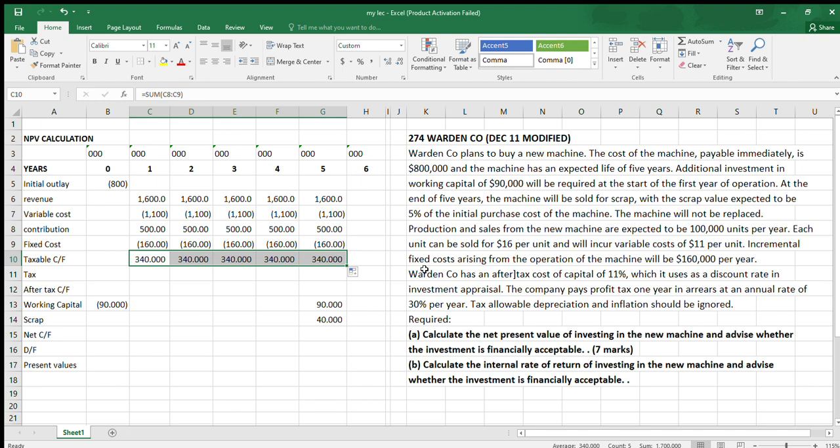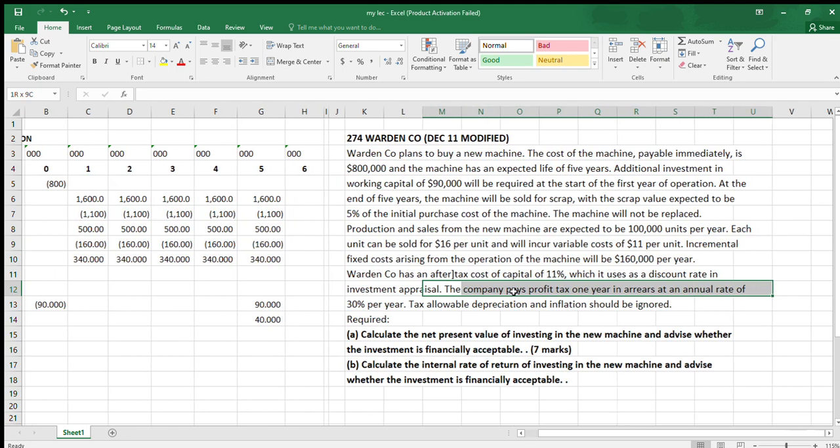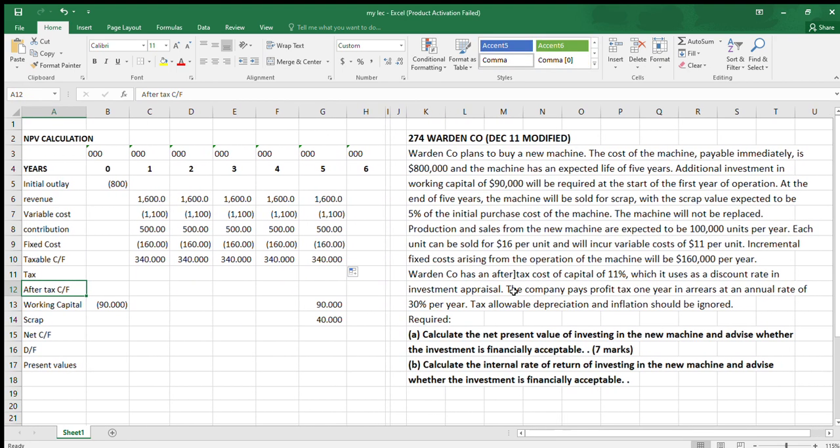The question said that Wadun Co has an after-tax cost of capital of 11%, which it uses as a discount rate in investment appraisal. So do not touch it yet. It's the discount rate for the investment appraisal. And the question said that the company pays profit tax one year in arrears at an annual rate of 30%. You see what I was talking about?